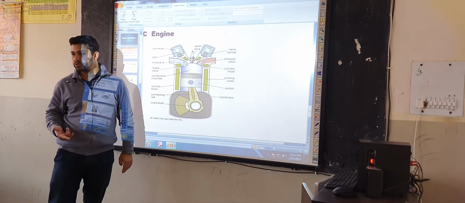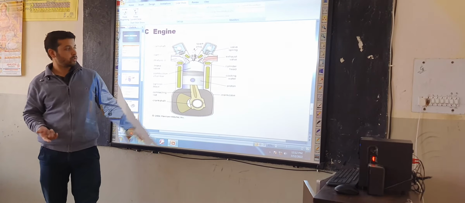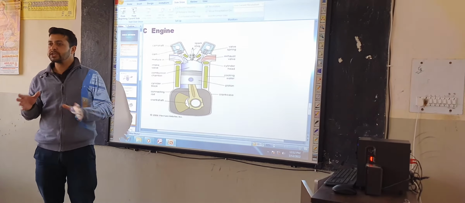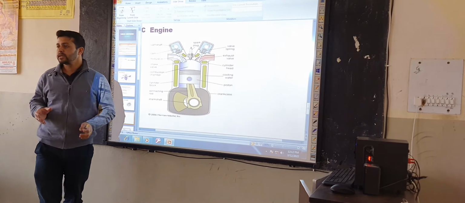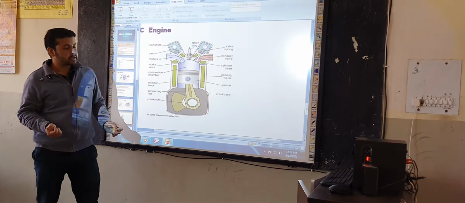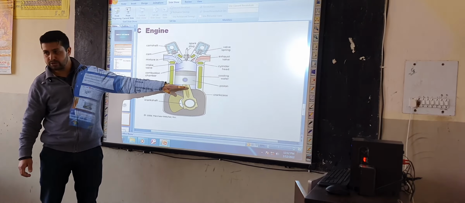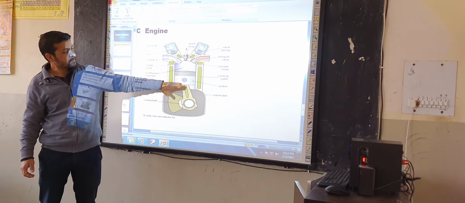And the next, fourth stroke is called the exhaust stroke. After the combustion stroke, all of the charge is converted into exhaust gases or carbons. And the fourth stroke is from bottom to the top position.